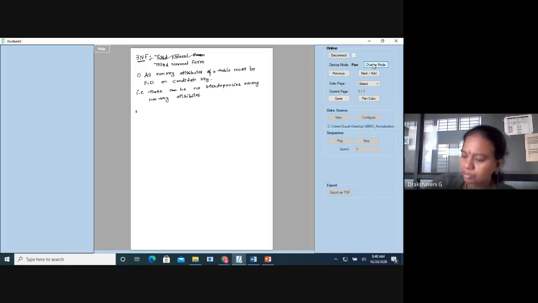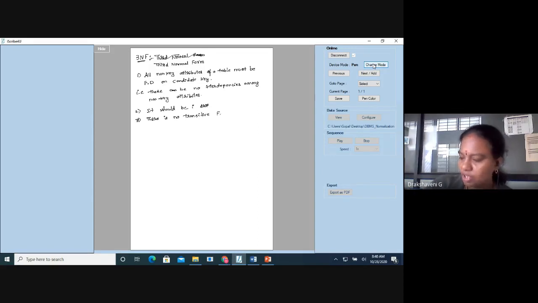And the second point says it should be in second normal form, and once it is in second normal form, it should also be in first normal form. Then the third point: there should not be any transitive dependencies.